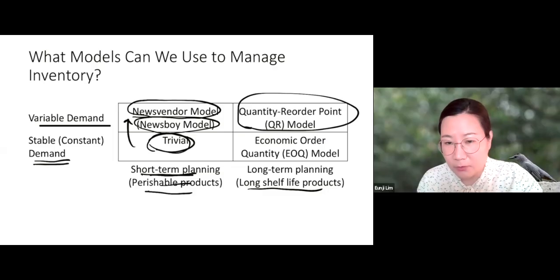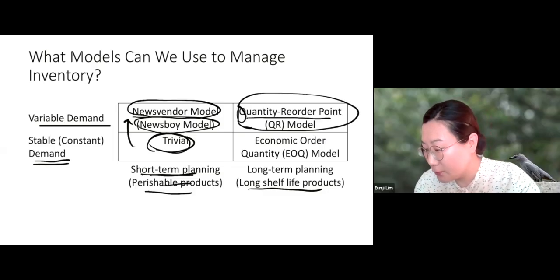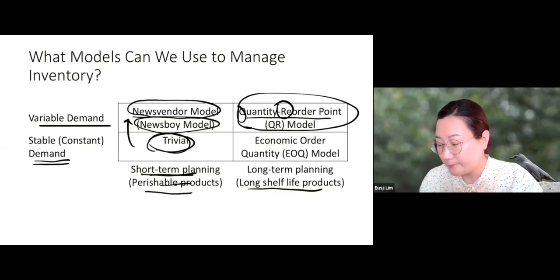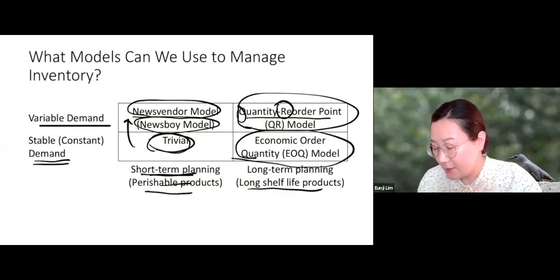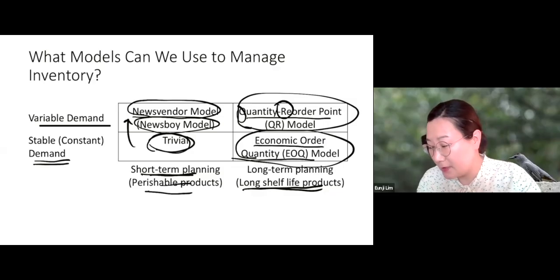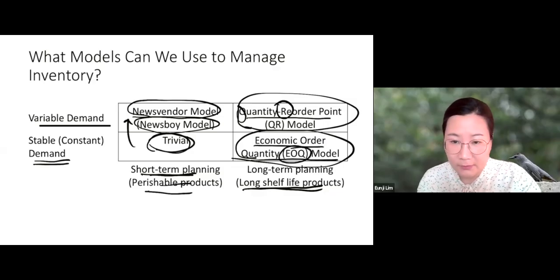And we can use a model called quantity reorder point model or QR model. Now let's look at the case. This is the case where demand is constant and we have long shelf life products. We have a model called economic order quantity model, and this is called the EOQ model. And for the rest of this chapter, we're going to talk about the EOQ model.